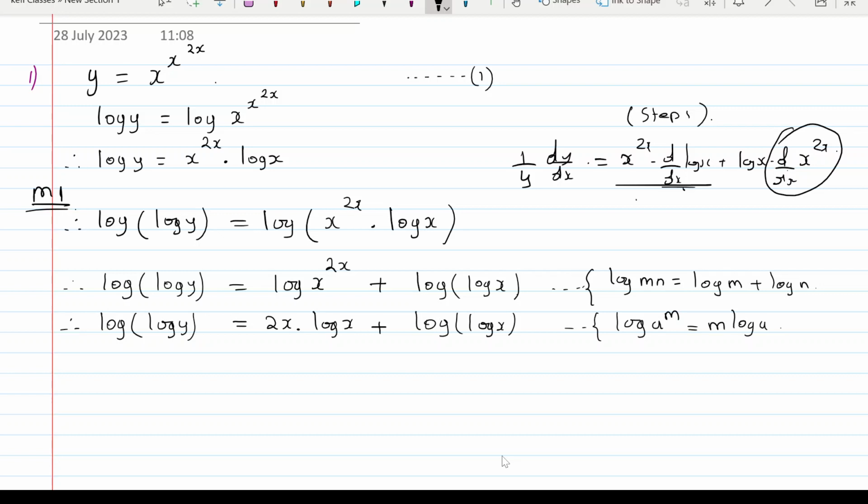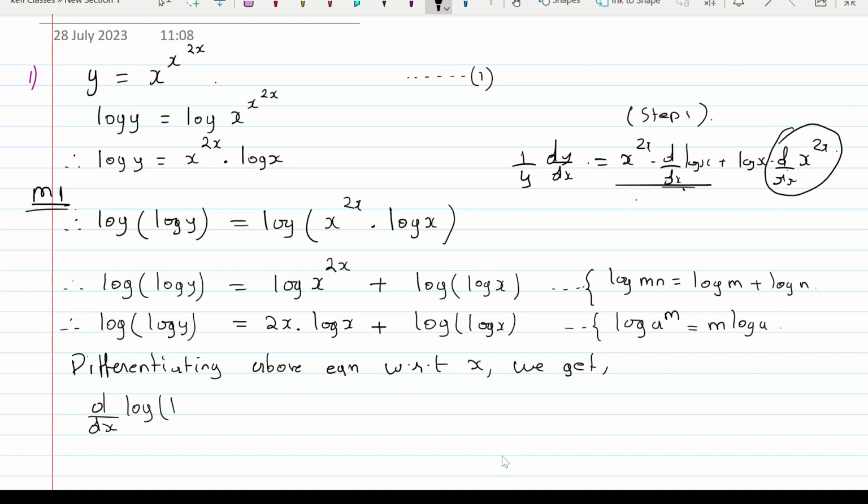Okay? So differentiating. So if we differentiate, differentiating the above equation with respect to x, we get d by dx of log y is equal to d by dx of the whole thing.